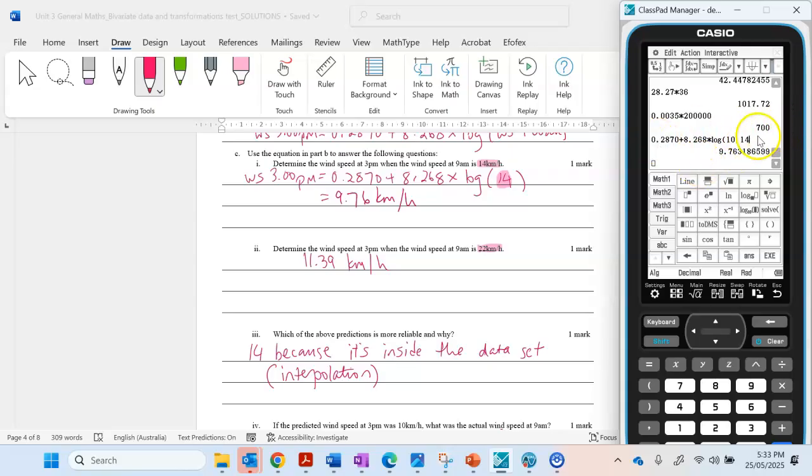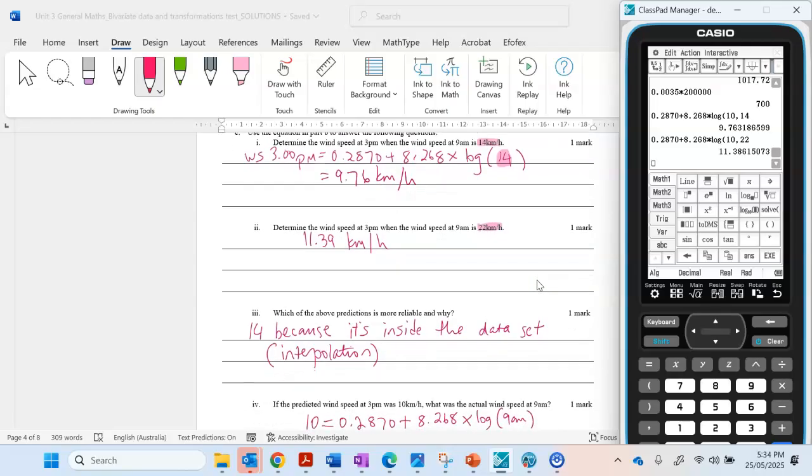I always think highlighting and dragging down and then changing the number is better. All right, which of the above predictions is more reliable? These sorts of questions are so easy, because even if you didn't know, it's 50-50.